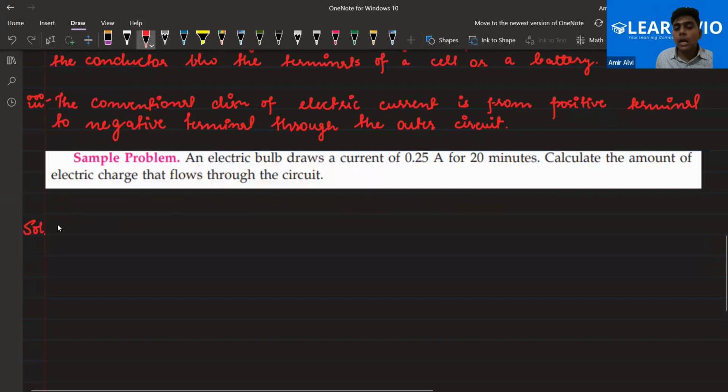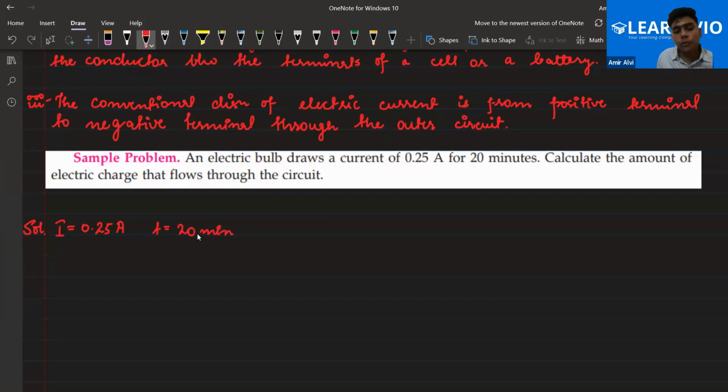The question says that an electric bulb draws a current of 0.25 ampere. So I is 0.25 ampere. And the time for which it is drawing the current is 20 minutes.